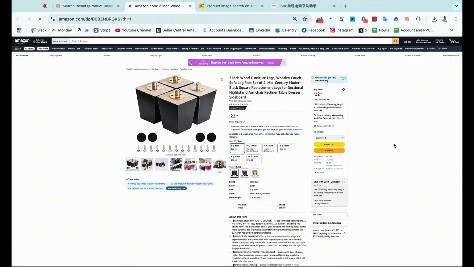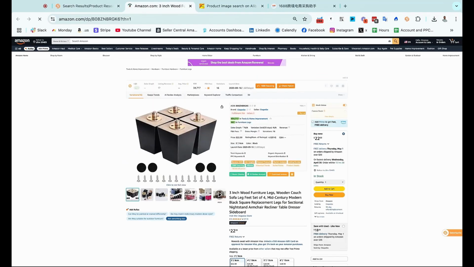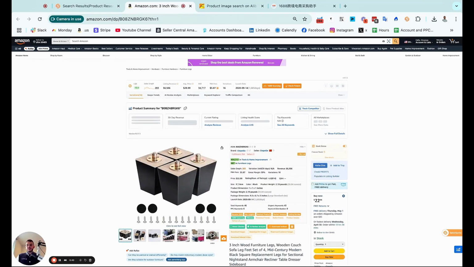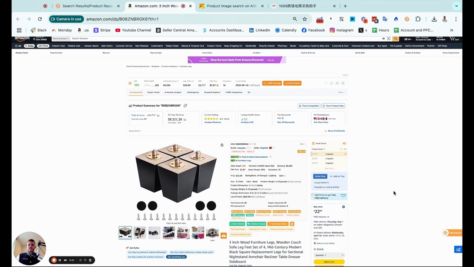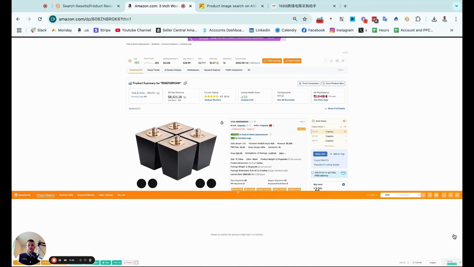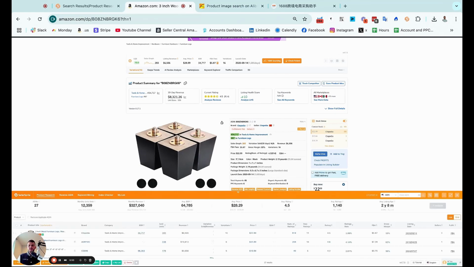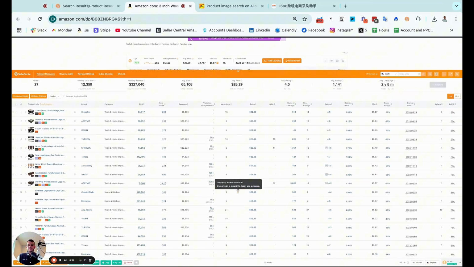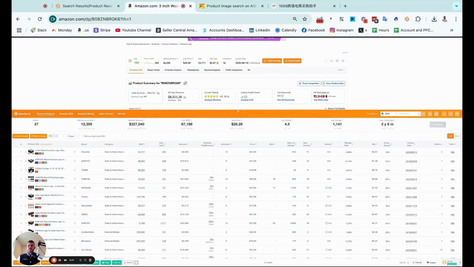One of the things I love here is that once we are within Amazon itself, the first thing we're going to do is open Sellersprite and let Sellersprite load all the data. This is from the perspective of understanding what the numbers look like for this product. The first thing the tool does is find you similar products that are very similar in characteristics, size, and all those things.